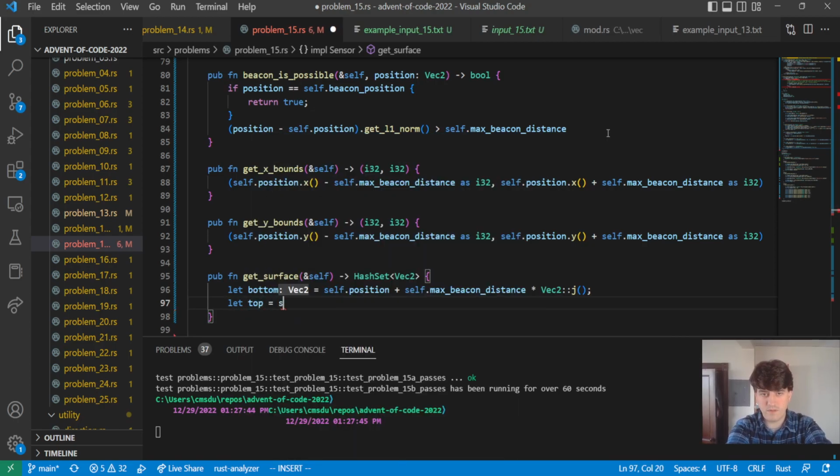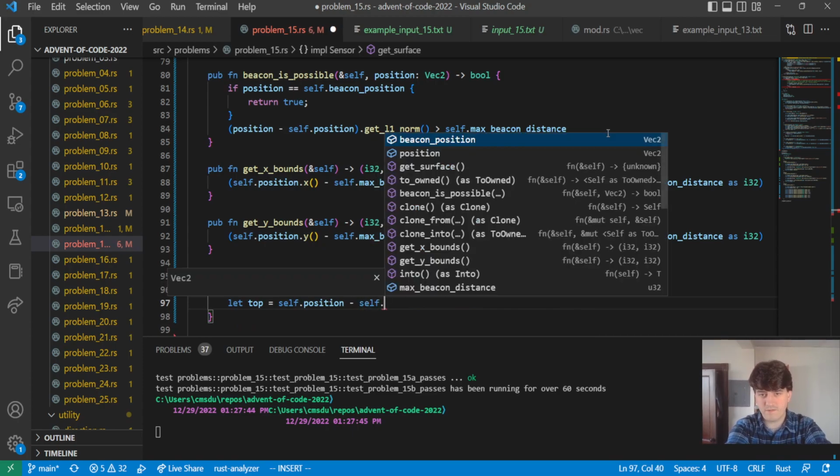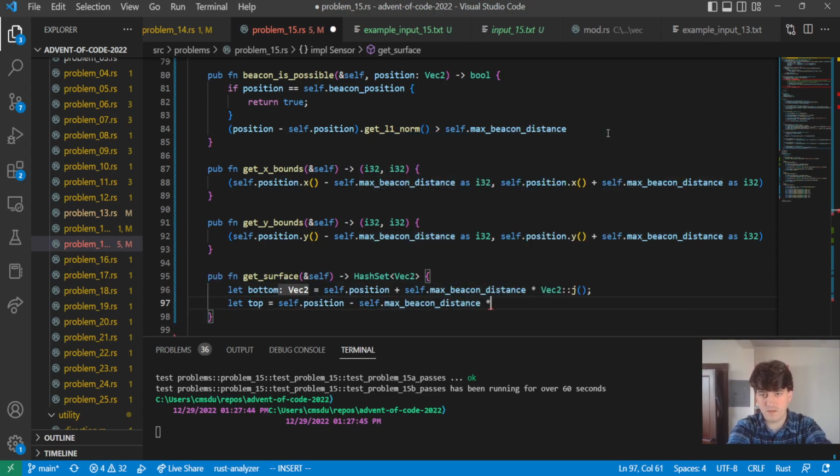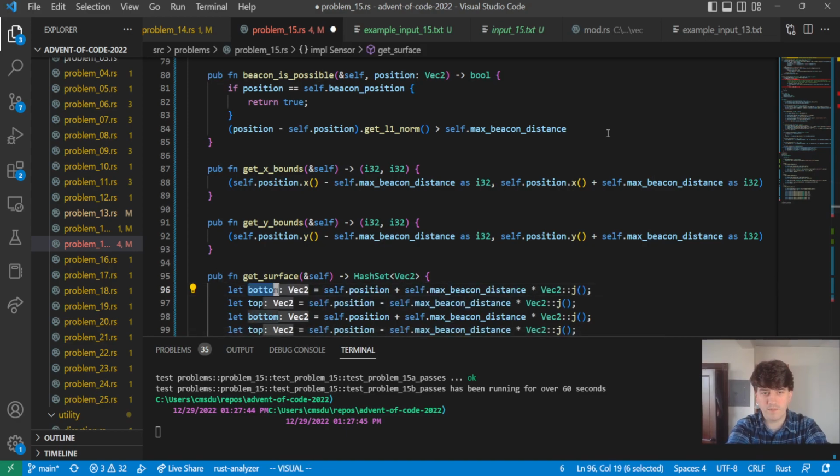Top is self dot position minus self max beacon distance times vec2 of j, and then these are the same except that it's left and right, and this is plus minus is fine.